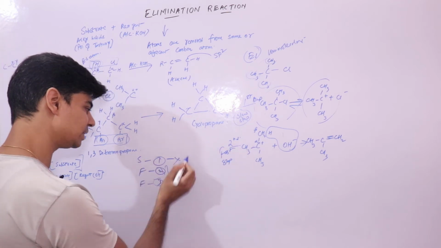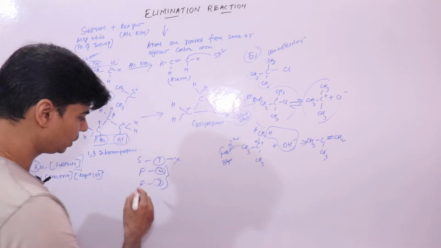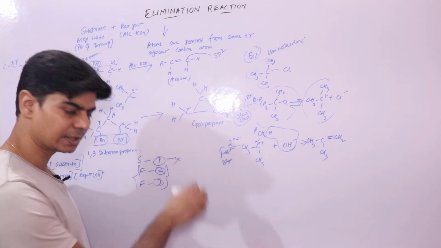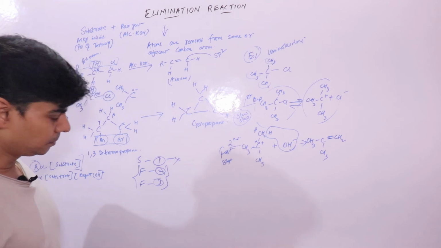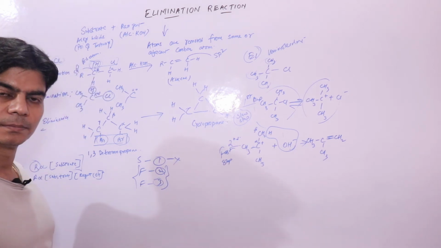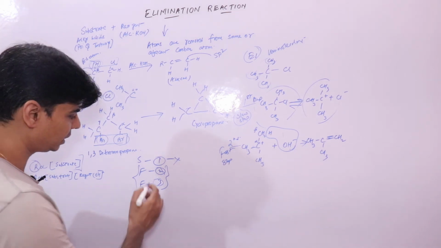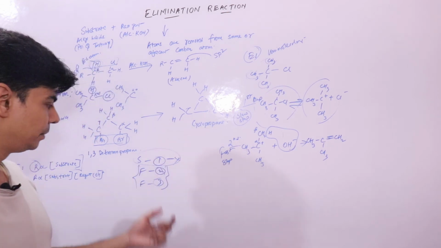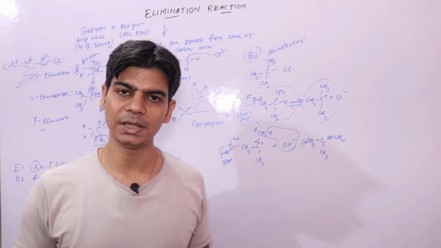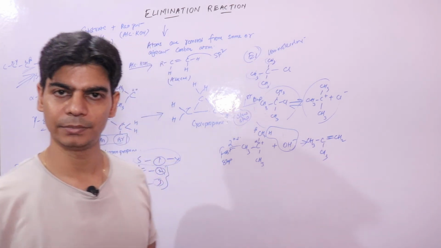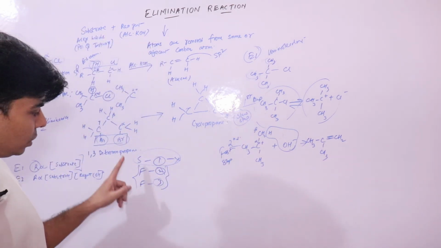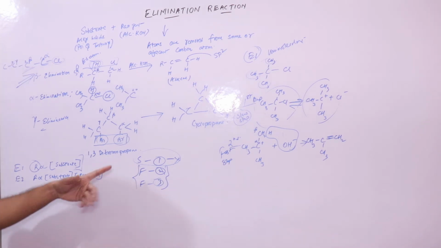When the slowest step gets completed, then only the reaction will be considered as complete. So the speed of reaction will depend on the slowest step, because once the slowest step is completed, then only we can say that the reaction is completed. Speed of reaction depends on the slowest step. Fast reactions will get completed soon.